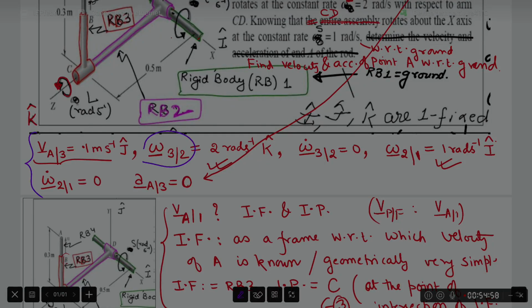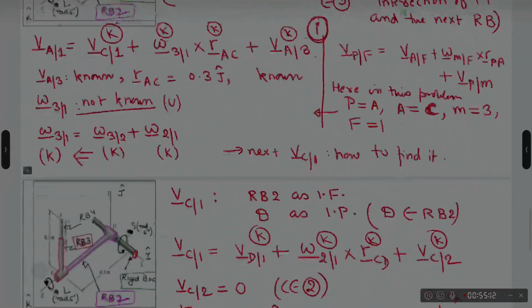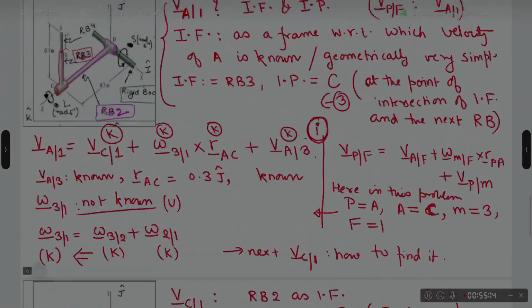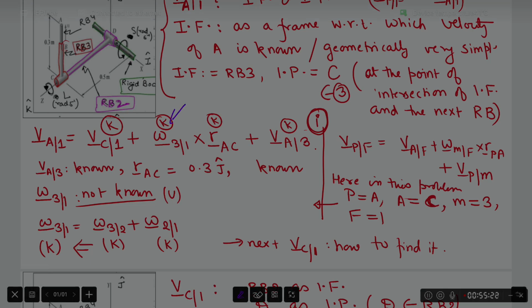I have omega 32 and omega 21 appearing directly from the problem statement, the statement of the problem given to us. So if I know omega 32 and I know omega 21, indeed omega 31 now becomes a known quantity, and that is why I have marked here, now it is K. K means known quantity.